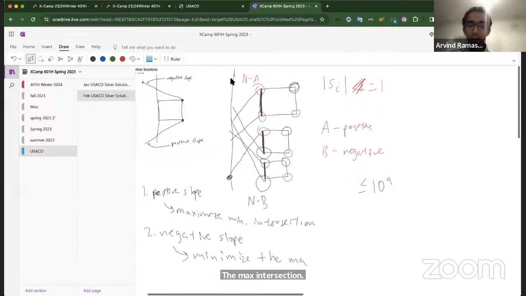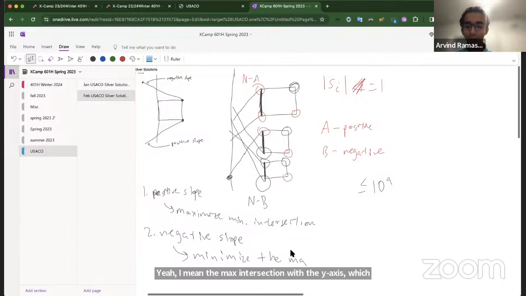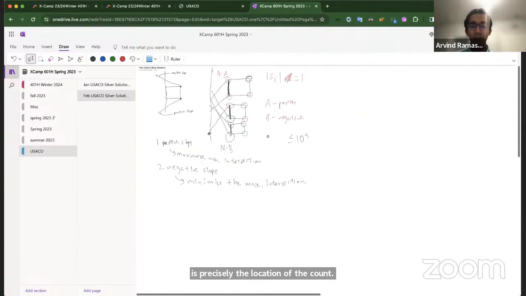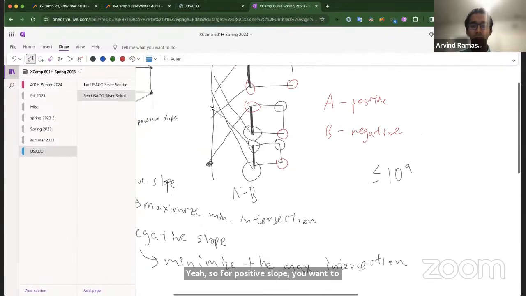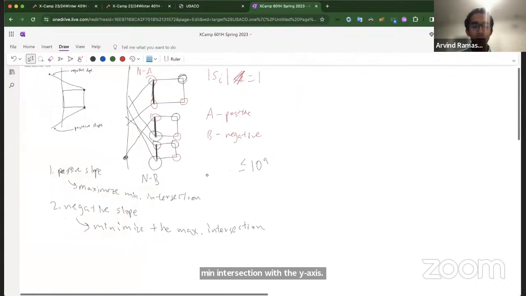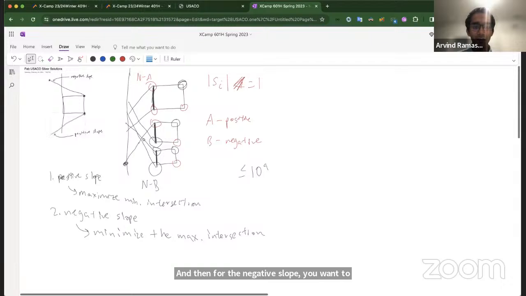I mean the max intersection with the y-axis, which is precisely the location of the cow. So for positive slope, you want to maximize the min intersection with the y-axis. And for the negative slope, you want to minimize the max intersection with the y-axis.